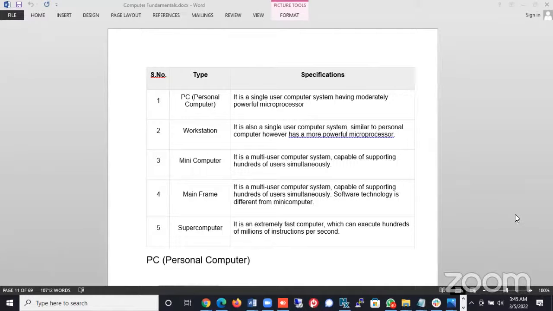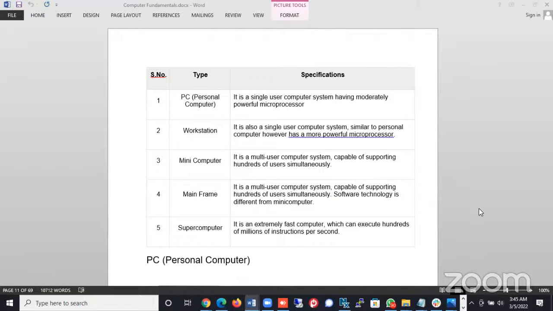These are computers that do different activities. You can't compare your personal computer to a server, to a computer system that is somewhere in the data center.